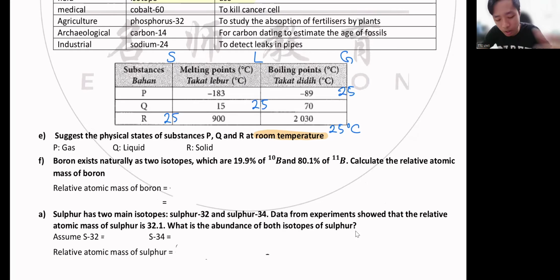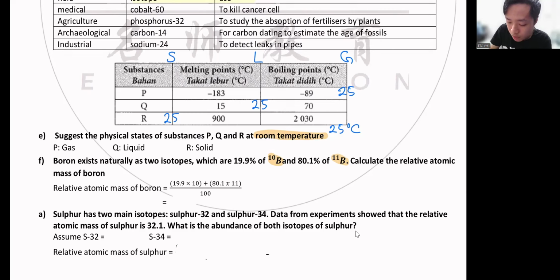They might also ask, in part F, to find the relative atomic mass of the whole element, which means they might ask you to find the average. That's why they give you two isotopes, boron-10 and boron-11. I will not discuss the notes part, because you can go back and look yourself, but the exercise we will do together. What happens is very simple.